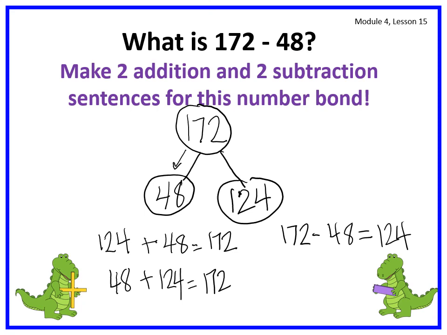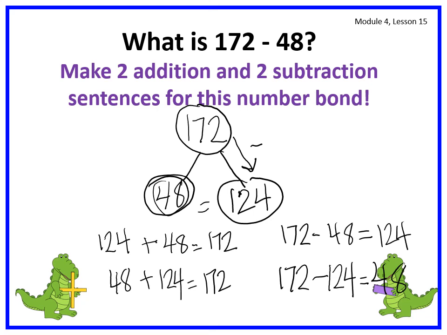Now I'm going to go the opposite way. So again, what number do I have to start with because it's subtraction? My whole, which is 172 minus, we're going to go this way. So when we go down, we subtract 124, and that equals 48.